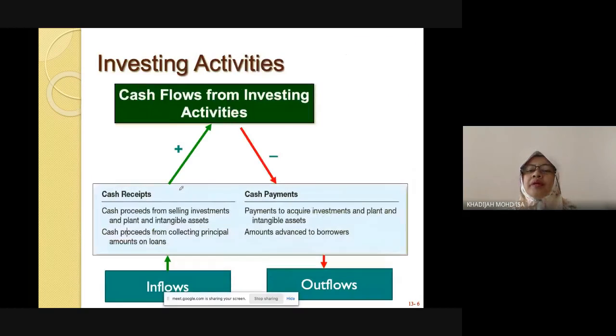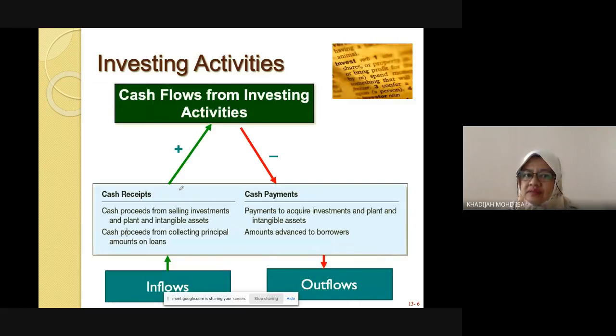Okay, what about your investing activities? In investing activities, again, you have the cash receipts, which are cash inflows, and you also have the cash payments, which are your outflows. What is a receipt? Any cash proceeds, the amount that you receive from selling of investment and plant and intangible assets. Remember, you may have investments in other companies.